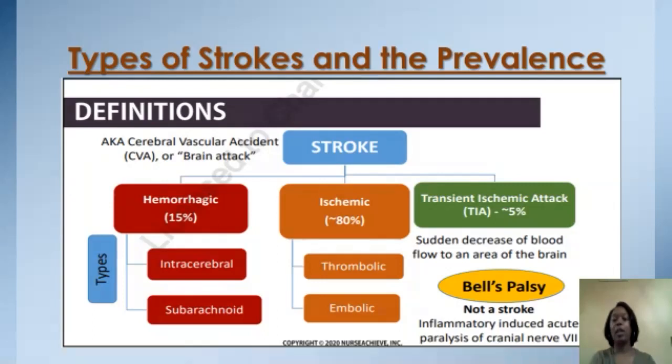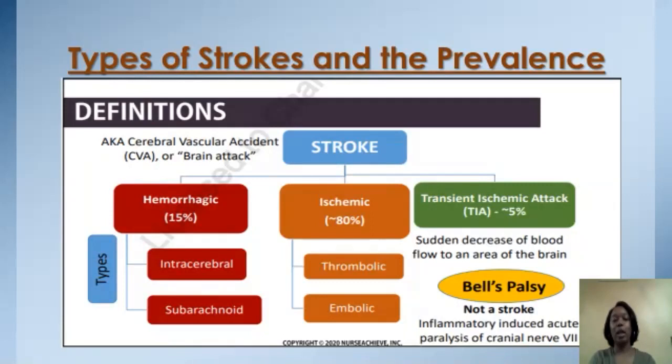This type of CVA is the most frequent type, and it is usually caused by an arrhythmia called atrial fibrillation, which is when the heart is ineffective when it contracts, and therefore clots usually form because the blood is flowing at a much slower rate and a stagnant pace. Then last but not least, we have TIA, or transient ischemic attack, which is responsible for at least 5% of the CVAs.